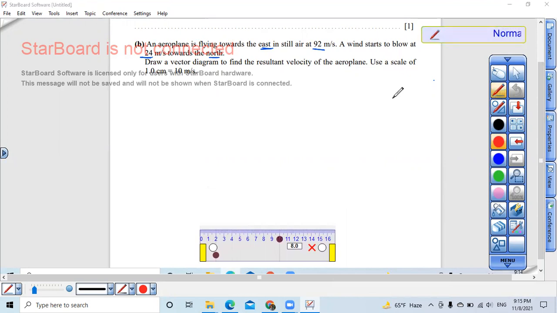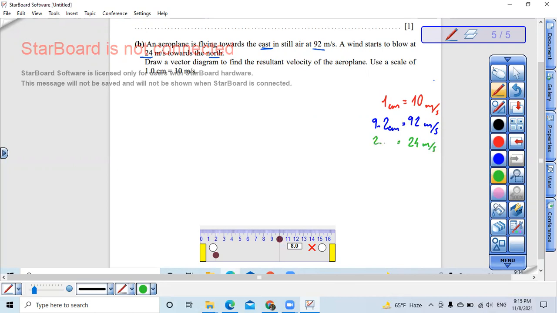That means this 92 meters per second will be 9.2 centimeters. And the other velocity, which is 24 meters per second, will be 2.4 centimeters to the north, okay?